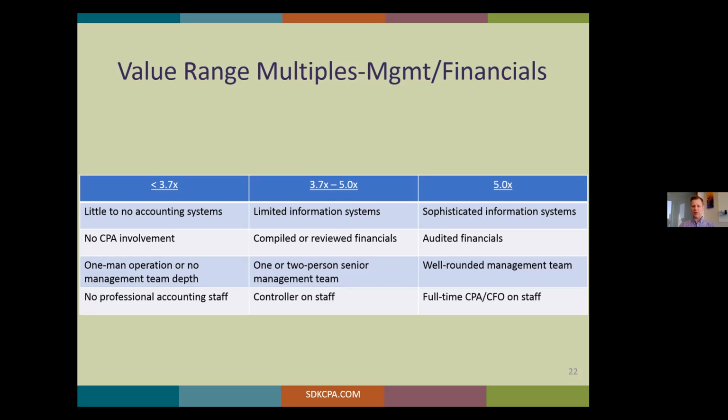And then audited financial statements. Many people, non-accountants or the uninitiated, believe that audited financial information means you've verified everything. Obviously, that's not the case. You're providing reasonable assurance that there's no material misstatement, but that goes a long way in a business transaction.